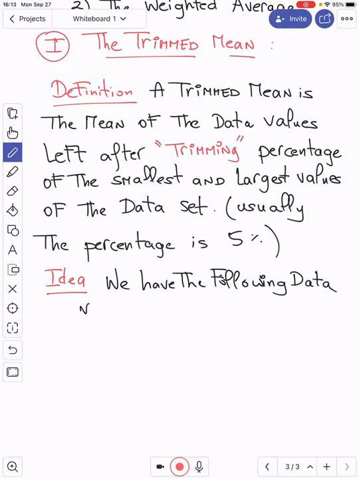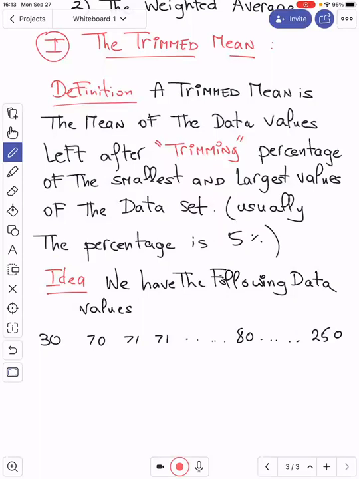For example, the smallest one is 30, and then the next one, let's say 70, and then 71, etc. Then you have numbers that are very close to 70, like 80, etc. But then at the end, you have a very large number, let's say 250.